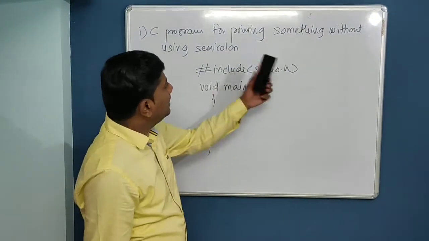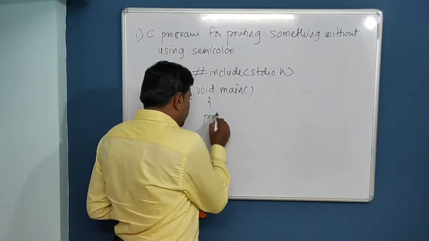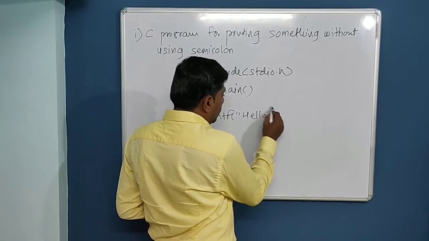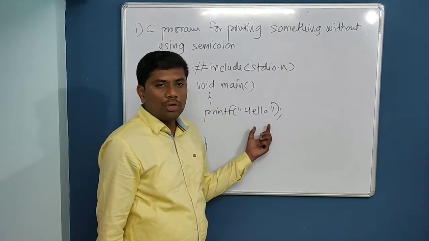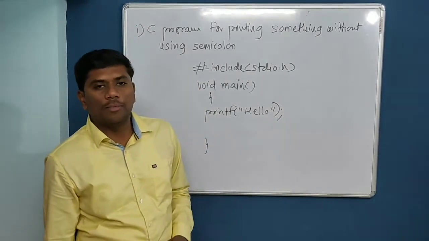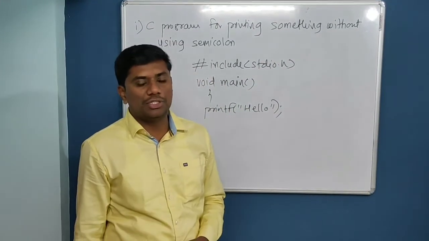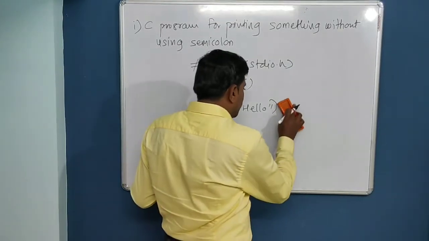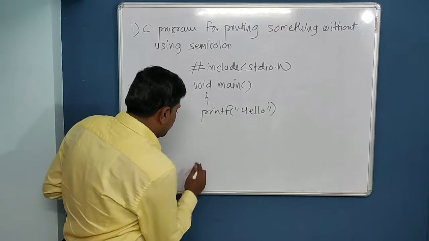Now how to print something? Suppose I want to print hello using printf. As this is a printf function call, to obey the syntax we should add a semicolon here, but then we would be disobeying the condition. So see what I am going to do. I am not writing this semicolon here.